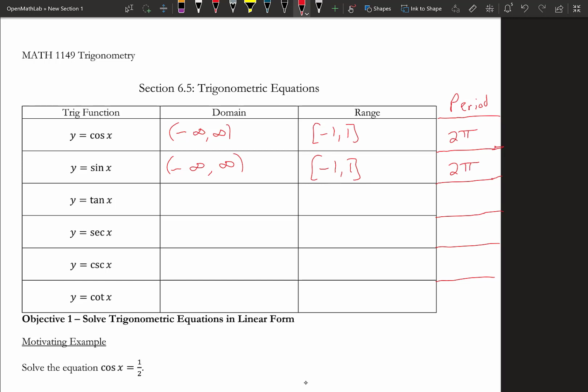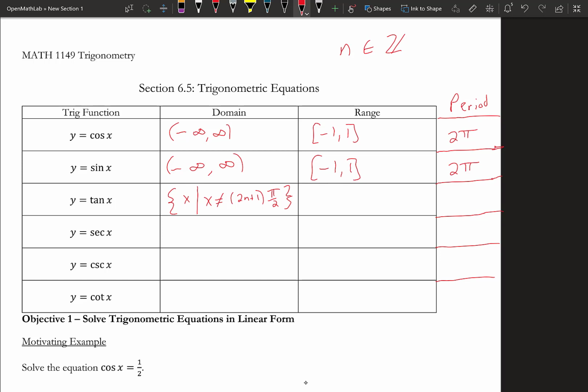So tangent, the domain. Remember, tangent's undefined for all odd multiples of pi over 2, right? So how that looks is the domain is any x such that x is not equal to 2n plus 1 times pi over 2, right? In this table, I'm going to let n be an integer, so n is within the set of integers.